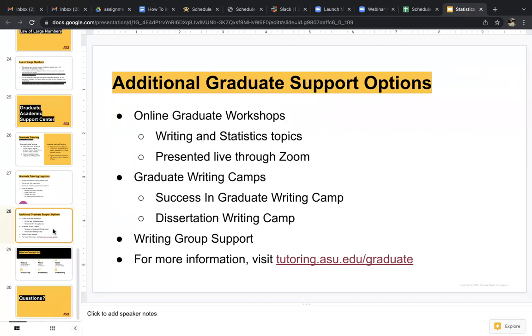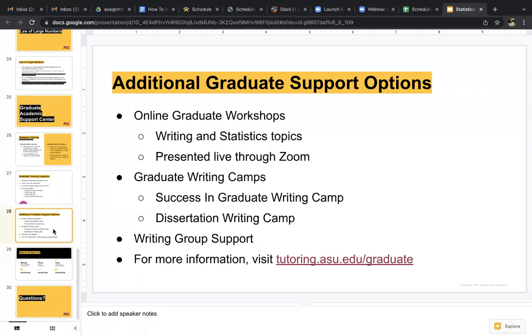And then we have summer graduate writing camps, which cover success in grad writing. If you're pursuing your PhD, there is the dissertation writing camp over the summer, which is kind of intensive, like one-week programs to give you time to write, or various workshops.